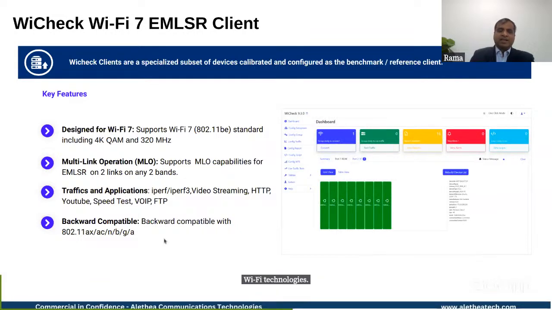The EMLSR client is almost the same, except that it only supports EMLSR and not MLMR STR. This is also a 4x4, supports 4K QAM, 320 megahertz, and a similar set of applications like YouTube, speed test, VoIP, and FTP.